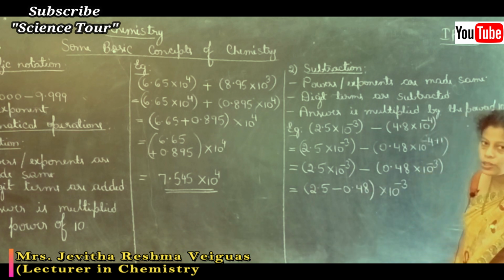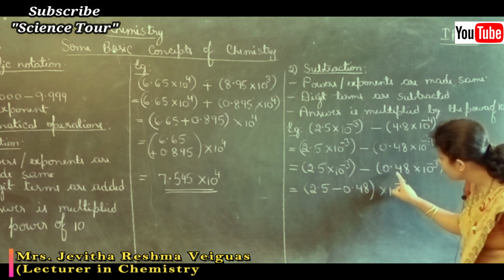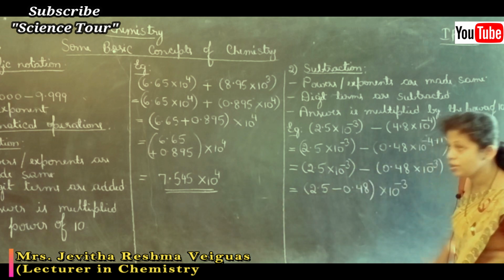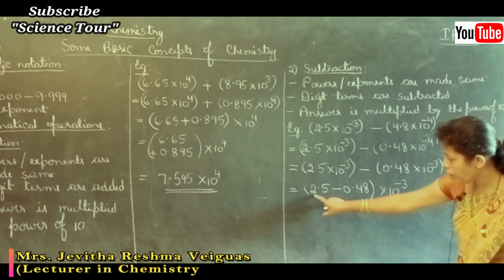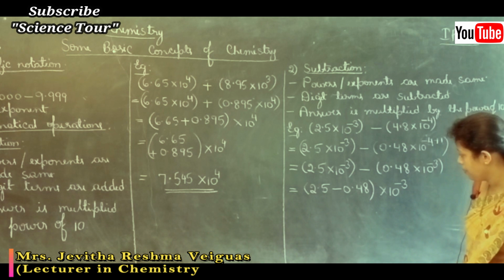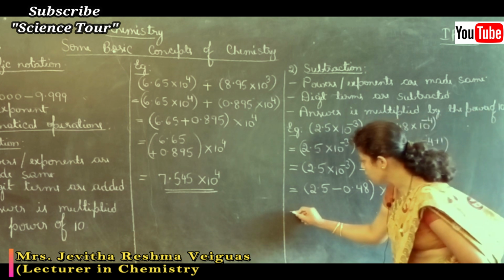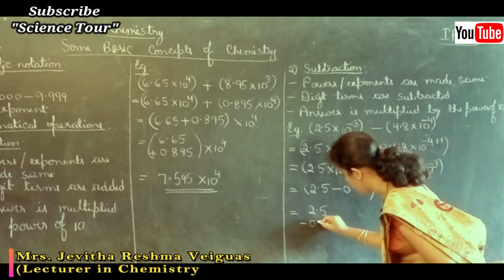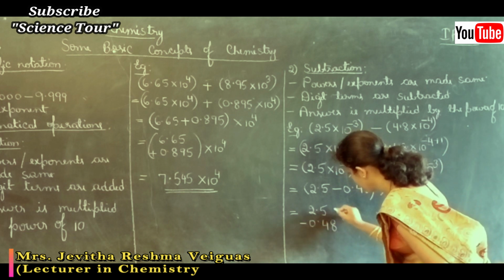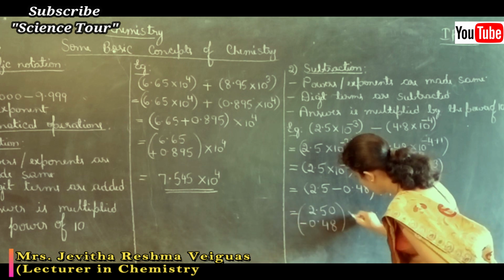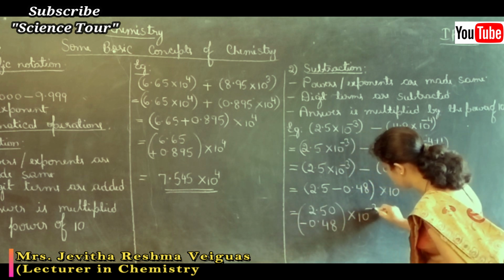When the powers are same, subtract the digit terms, where the larger number subtracts the smaller number. 2.5 is the larger number, 0.48 is the smaller number. Now let's do subtraction. 2.5 minus 0.48. 2.5 means 2.50, into 10 to the power minus 3.